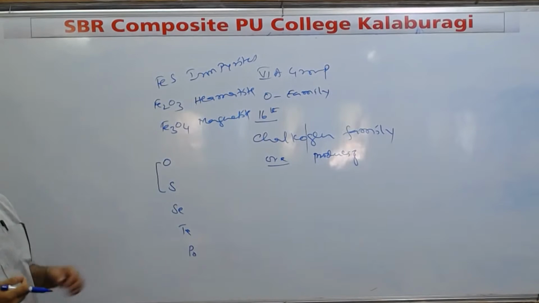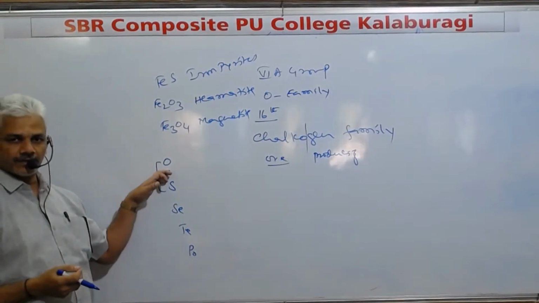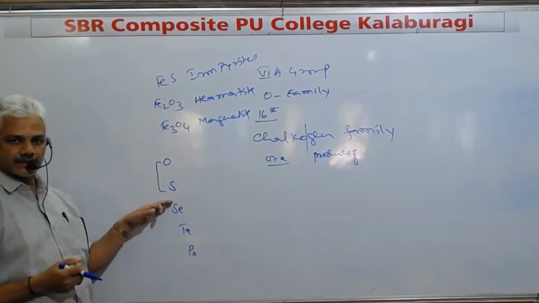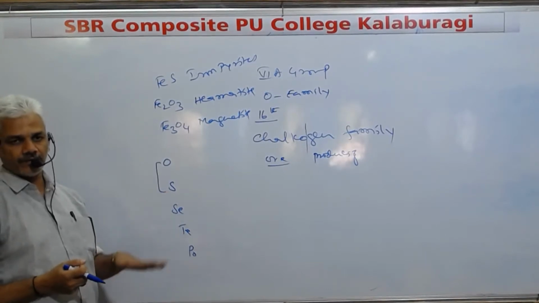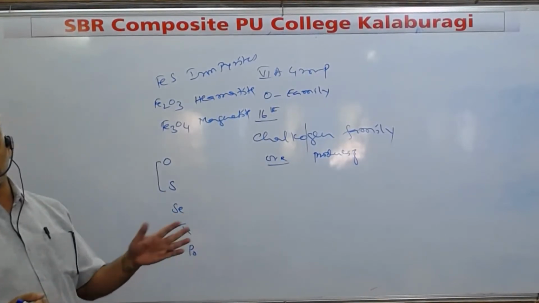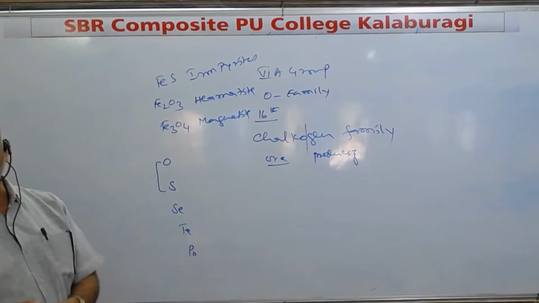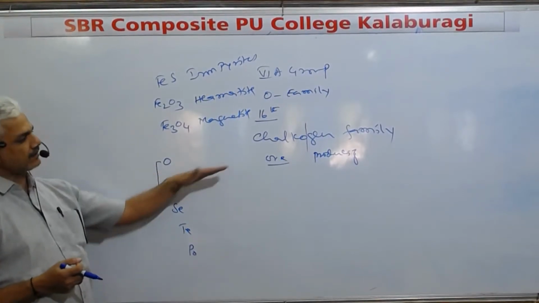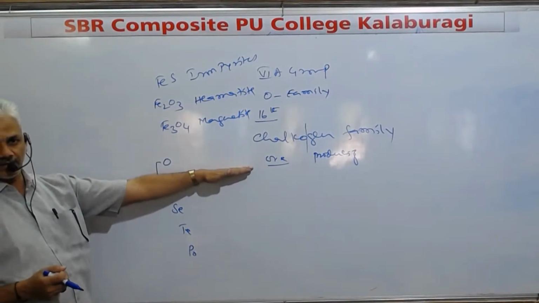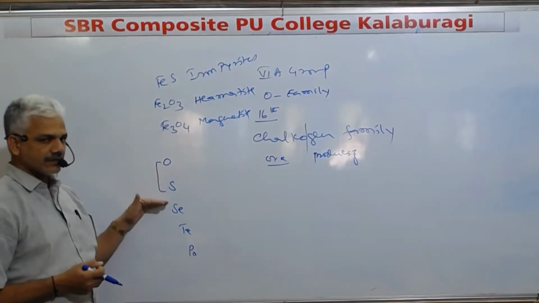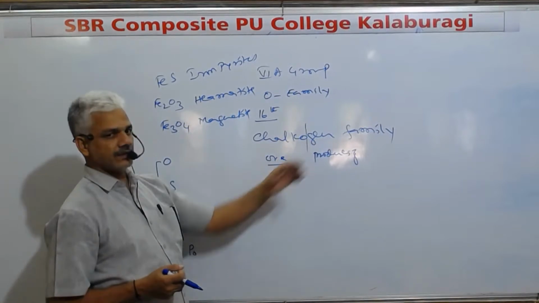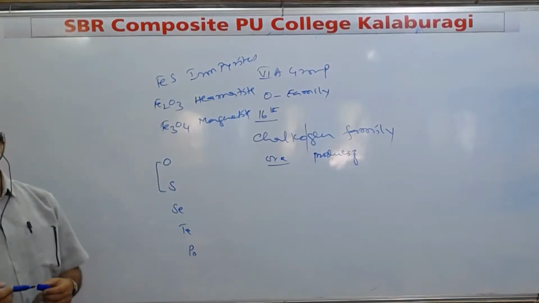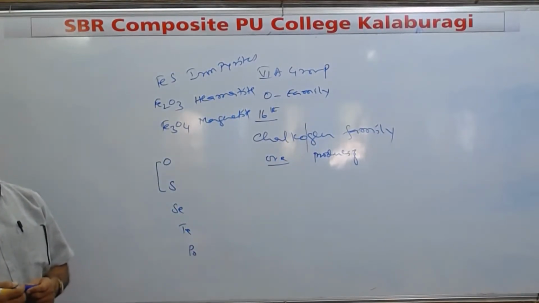90% of the ores come under the category of either oxides or sulfides. Very few come under the category of chlorides, nitrates, carbonates, and sulfates. So, as the first two elements are closely associated with a number of ores, based on these two elements, this family is known as the chalcogen family.